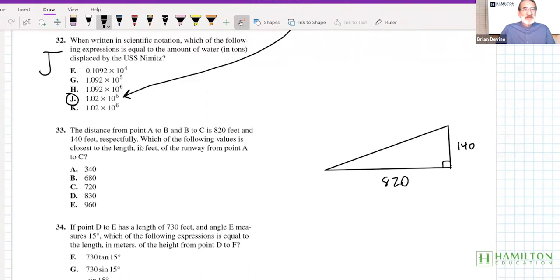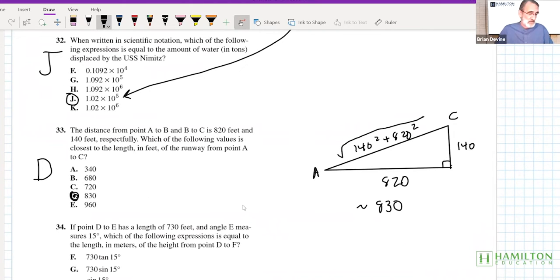Which of the following values is closest to the length from A to C? Well, you're going to have to probably get out a calculator for this one, but this should then be the square root of 140 squared plus 820 squared. Which comes out to be approximately 830 feet. That's definitely a calculator problem.